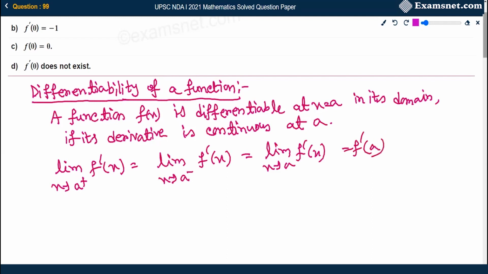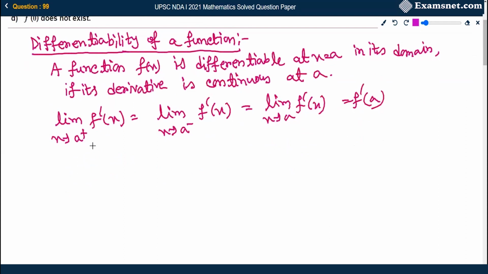Okay, and now what about the modulus function? The modulus function, mod of x, is defined as x when x is greater than or equal to 0, and minus x when x is less than 0.